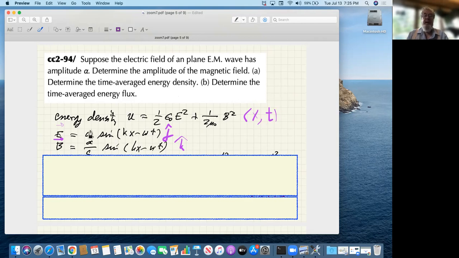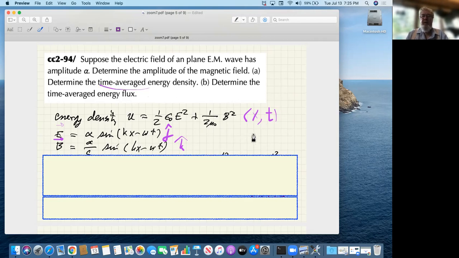So you want to take 1/2 epsilon 0 alpha squared sine squared plus alpha squared over 2 mu 0 c squared sine squared, and then average over time.